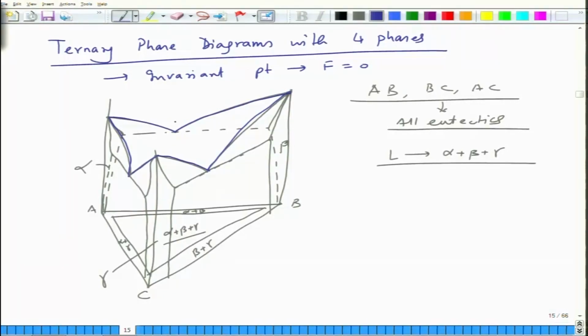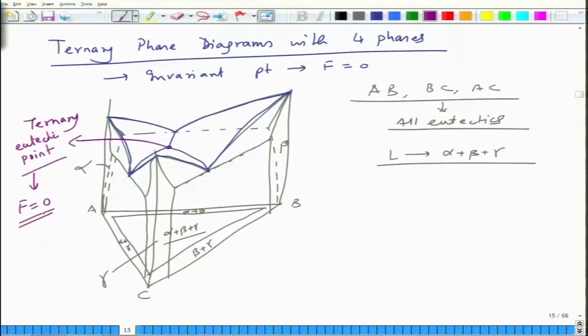There are three eutectic temperatures for the three binary phase diagrams, but somewhere in between they have a eutectic at which these three lines merge. Depending upon the phase diagram, this will be a ternary eutectic point, at which liquid will transform into alpha plus beta plus gamma, and at this point your degree of freedom will be equal to 0.